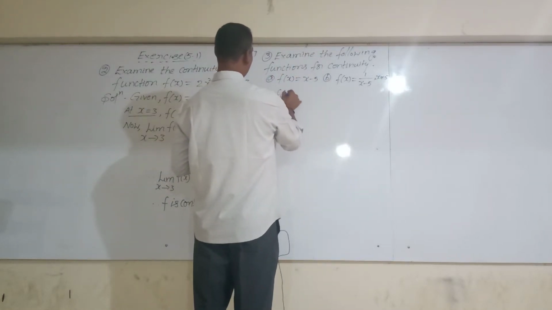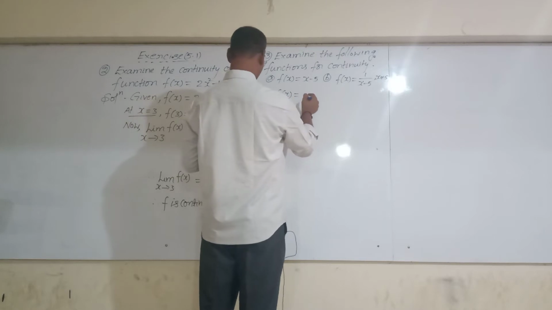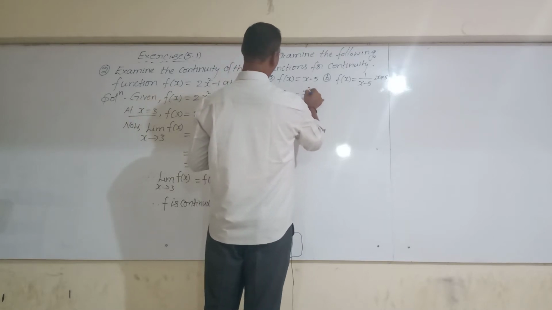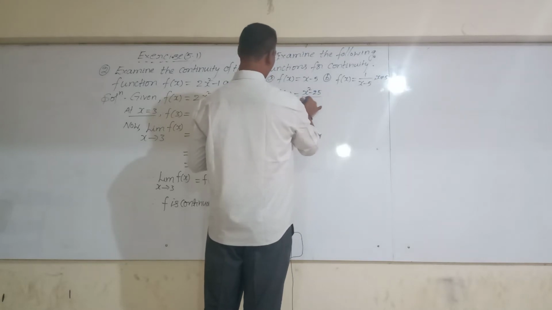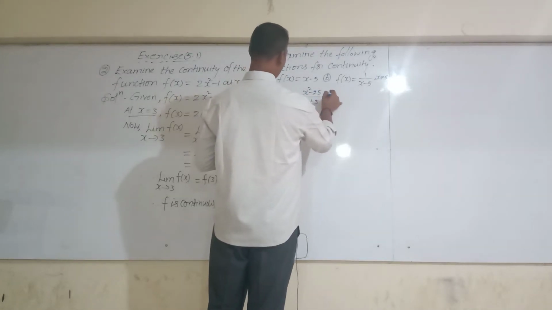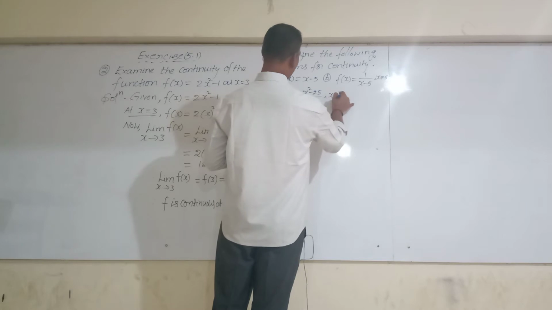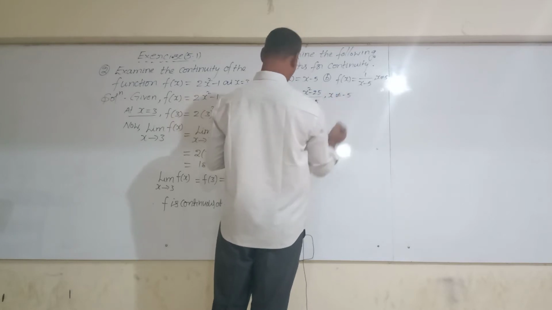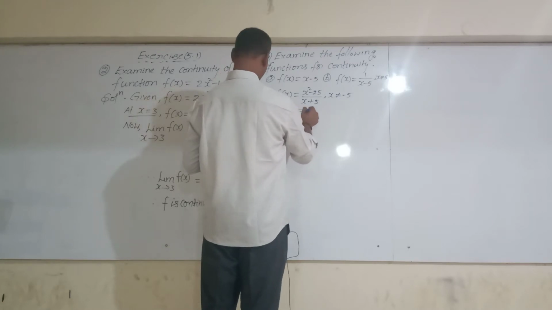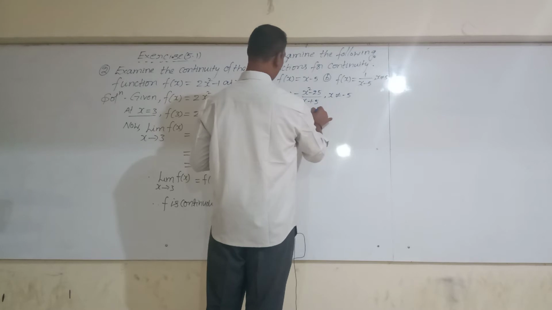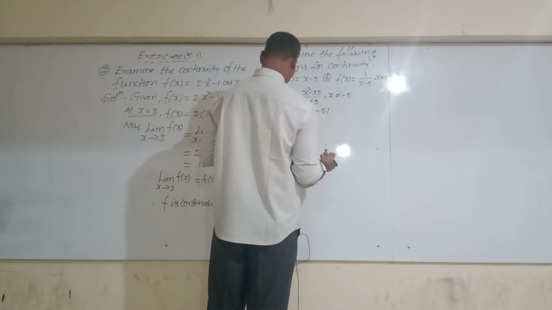Third, f of x is equal to x square minus 25 upon x plus 5, where x does not equal minus 5. And fourth, f of x is equal to mod of x minus 5.